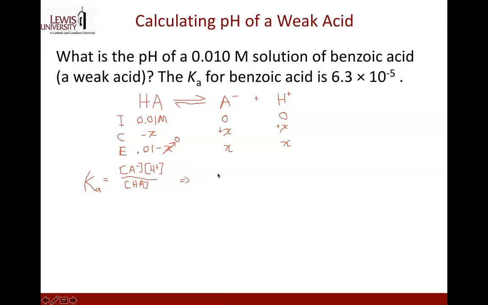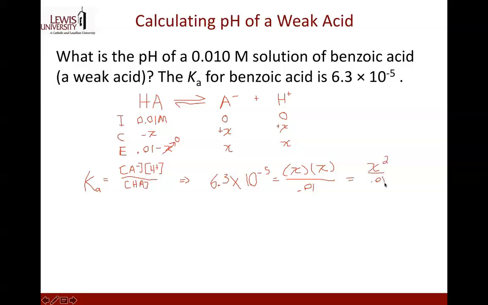If we plug in our Ka value, which is 6.3 times 10 to the minus fifth, we can say this is just going to be equal to X multiplied by X divided by 0.01. So this simplifies to X squared over 0.01.